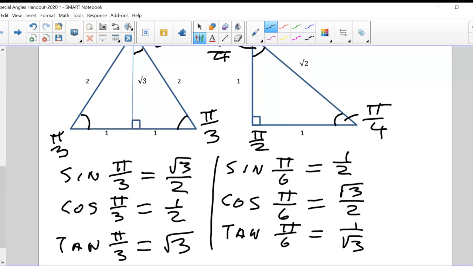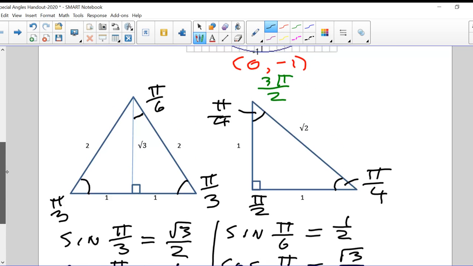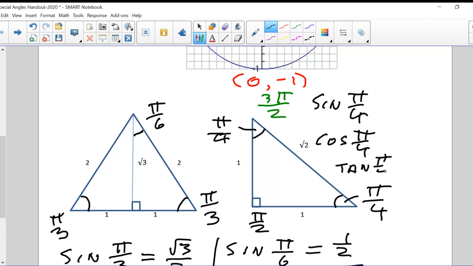How about pi over 4? For that, we're going to go to the second triangle. So let me see if I can squeeze that in up here. Let's find the sine of pi over 4, the cosine of pi over 4, and the tangent of pi over 4.